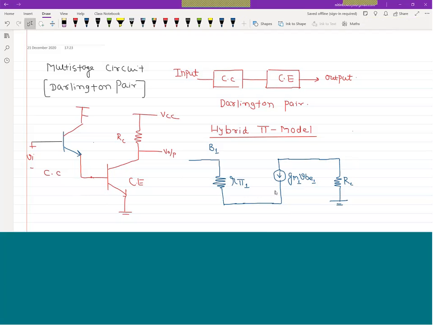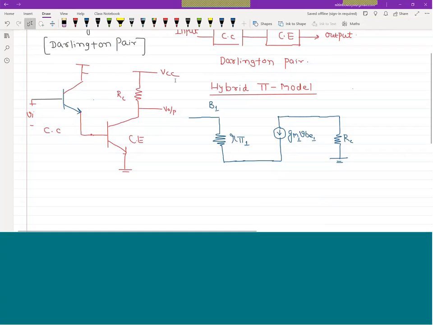This is for the first transistor, and the base of the first transistor is connected to Vi, so you can say there is one source which is known as Vi. Then the emitter is connected to base, so I will start the second circuit from here. This is VBE2, R pi 2. Then this emitter is connected to ground.